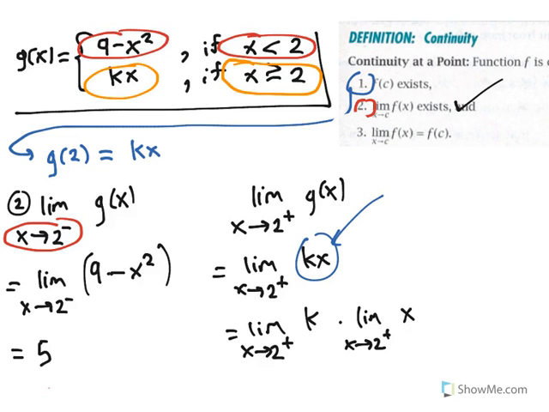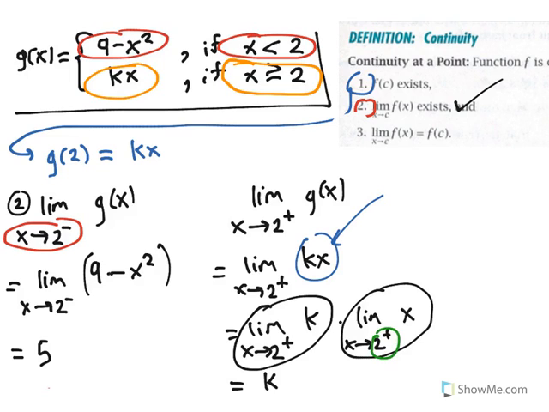And then we can use the limit of a constant function. For a constant function, the limit will be just the value of that constant. And for the identity function, the limit will be just c. So we will have k times 2. So the right-sided limit for the piecewise defined function g of x would be 2k.